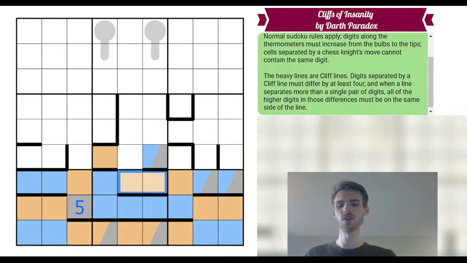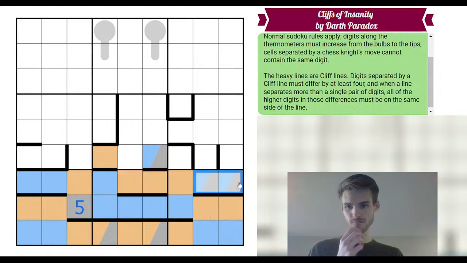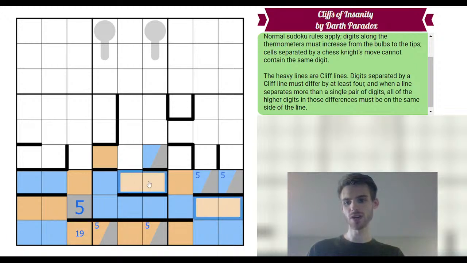So there is a 1 or 9 here. That's true. So this is a 1 or 9. It's definitely a 1 or 9 in these runs. We definitely know these are orange or gray.